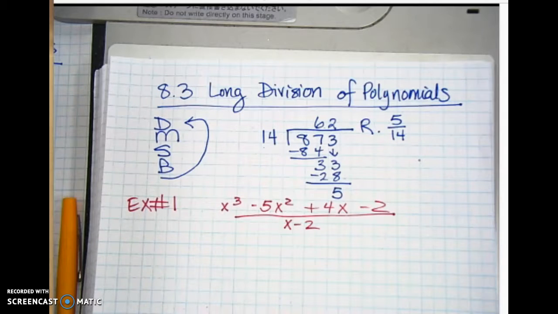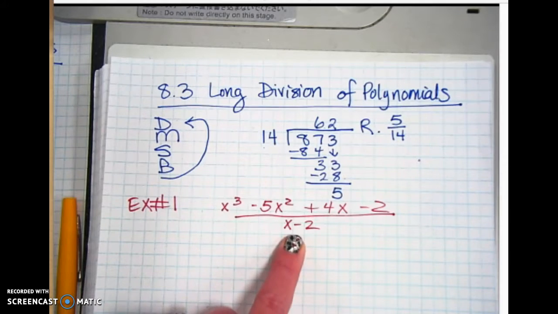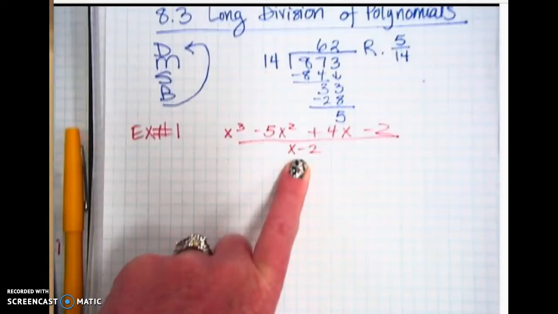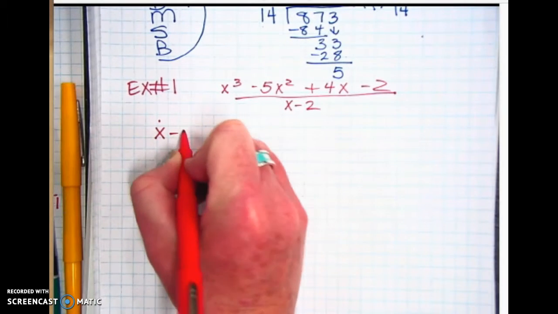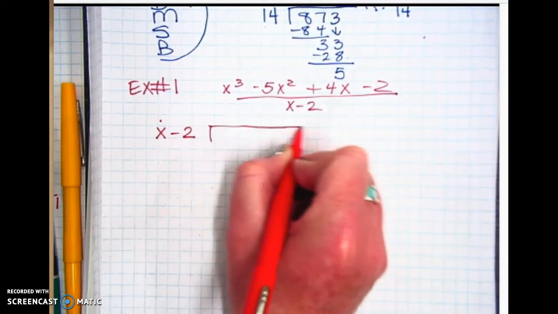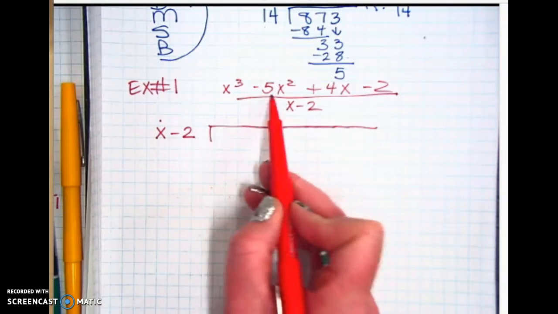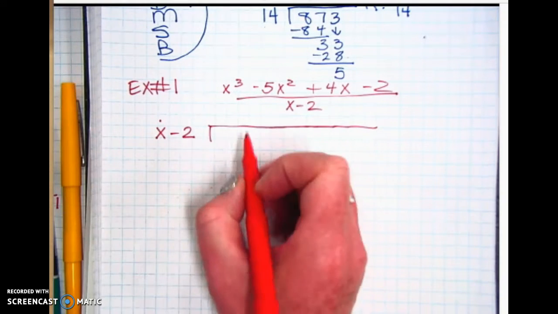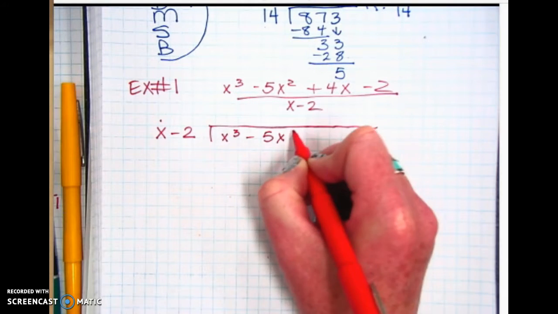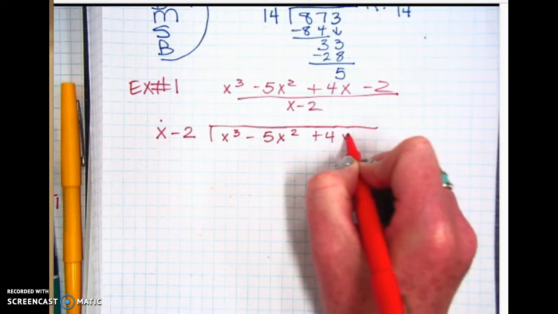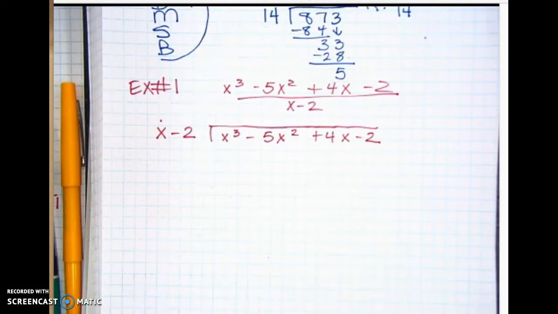Fractions are always division problems. Okay, so whatever you're dividing by, that's going to go on the outside of the division house, right? And this big long polynomial is going to go underneath. So we're going to have x to the 3rd minus 5x squared plus 4x minus 2.